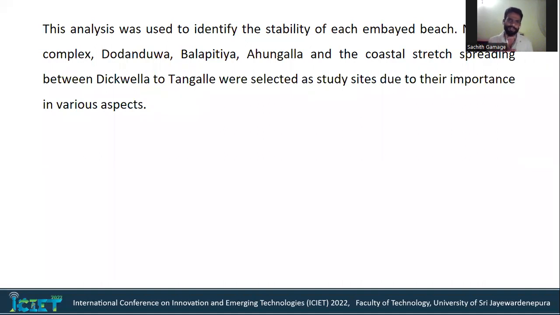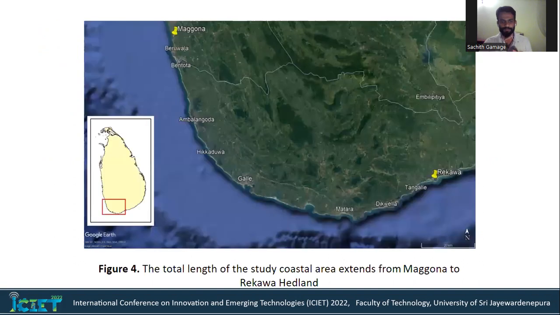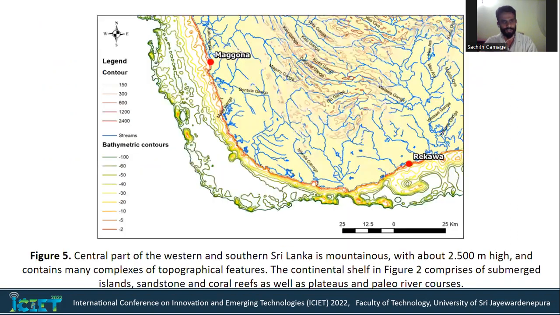This analysis was used to identify the stability of different kinds of beaches in our study area, from Maggona complex to Dodanduwa, Balapitiya, Ahungalla coastal stretch, and between Dikwella to Tangalle. As you can see, this is our study site from Maggona to Rekawa.